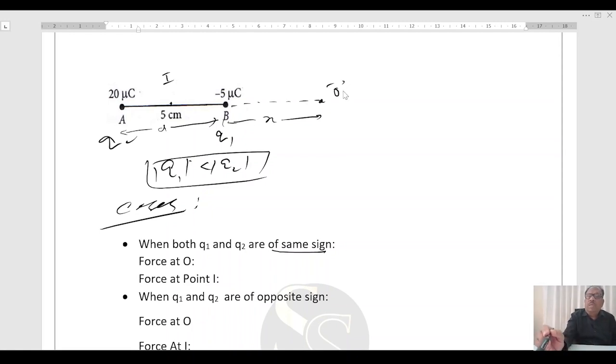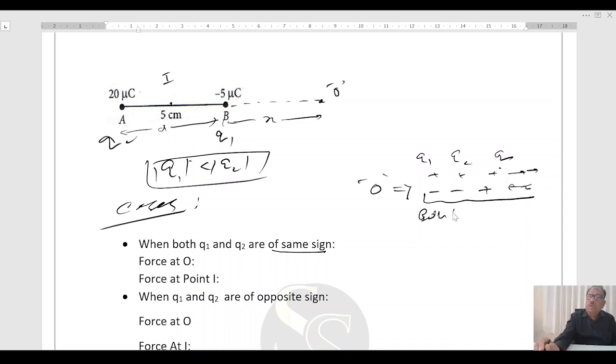If we take the point O, then with like charges Q1, Q2 and Q all positive, the forces will be repulsive. With negative, negative and positive, it will be attractive. If we take the negative sign, the nature is the same. It means if charges are like, both forces are in the same direction, so a null point will not be received.